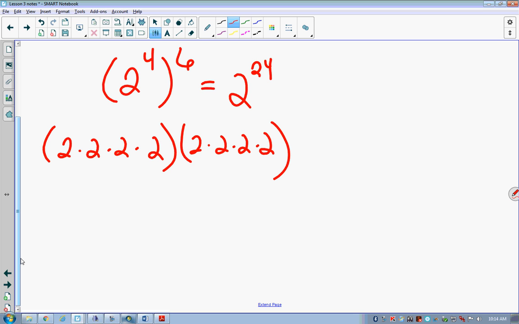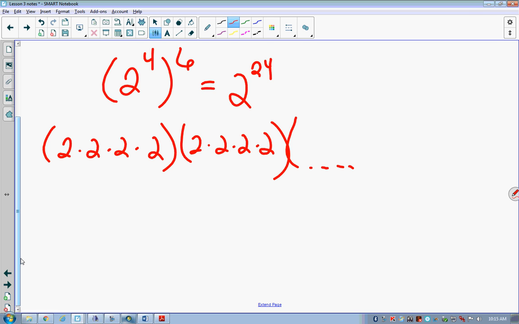This would be 2 to the 4th squared, and I need to do that 6 times. So I get 1, 2, 3, 4, 5, 6, 7, 8, and keep going. I'm going to end up with 24 2s.